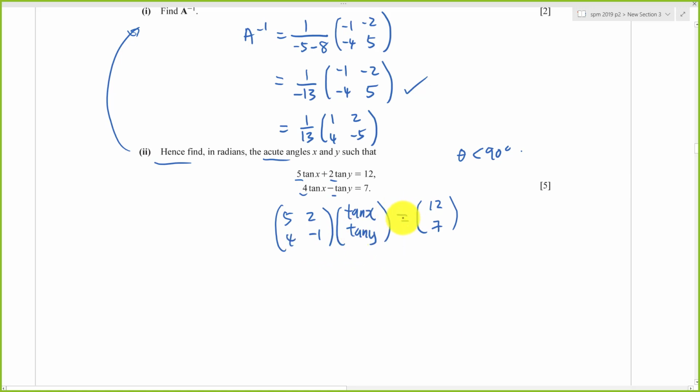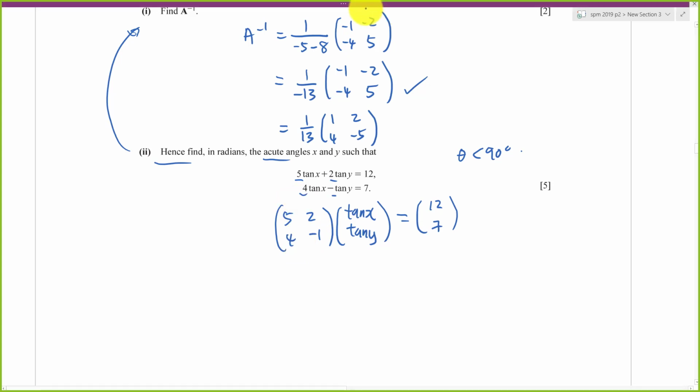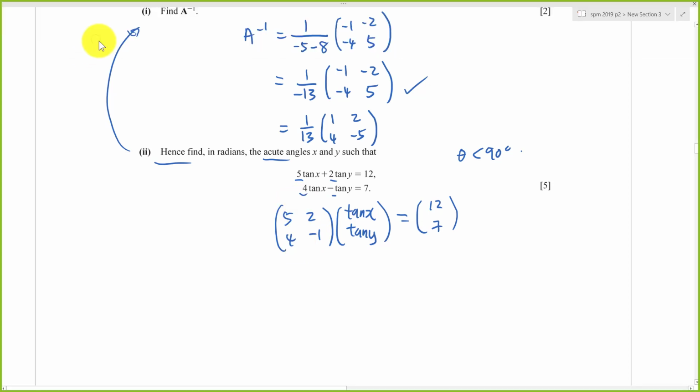You might doubt my matrix equation here, but if you multiply, you actually get back the same thing. When we do the matrix, we know it's horizontal multiply vertical. So 5 multiply tangent x gives 5 tangent x, 2 multiply tangent y gives 2 tangent y, equals to 12.